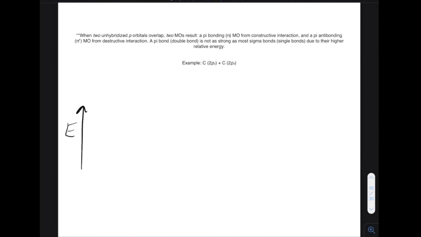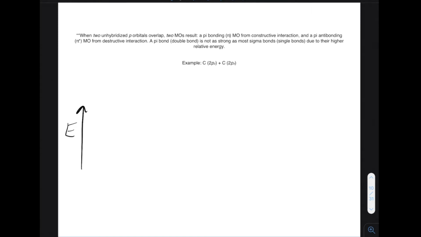We'll talk about now another example where we have two p orbitals coming together to form a pi bond. I'm kind of going over these examples, and we won't really talk about it too much in class. Again, it's beyond the scope, but it is important to understand how these bonds happen.